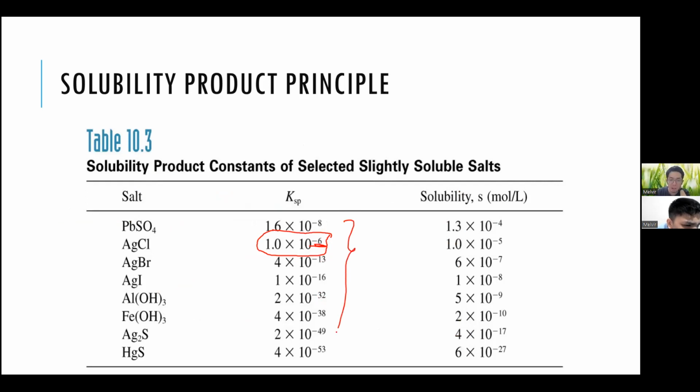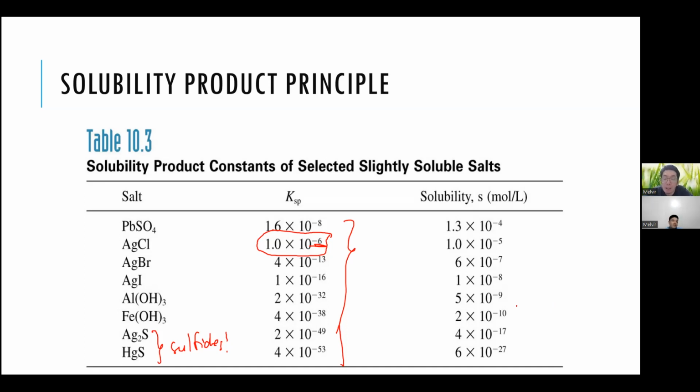Next. With this given table, which is the most insoluble? Sulfides, wow. Why are the sulfides so insoluble? HgS, mercury sulfide, is extremely insoluble. Why do you think?